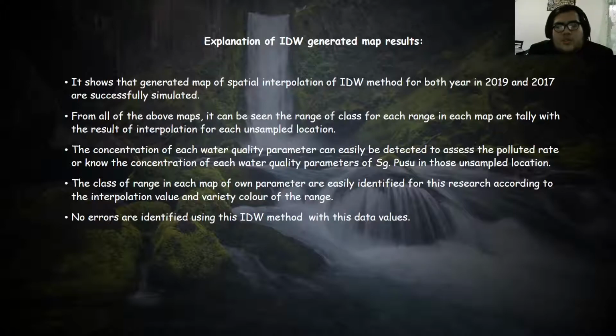Based on all of the maps, it can be seen that the range of class for each range in each map tallies with the result of interpolation for each unsampled location, and the concentration of each water quality parameter can easily be detected to assess the pollution rate or know the concentration of each water quality parameter of Sungai Pusu in those unsampled locations.